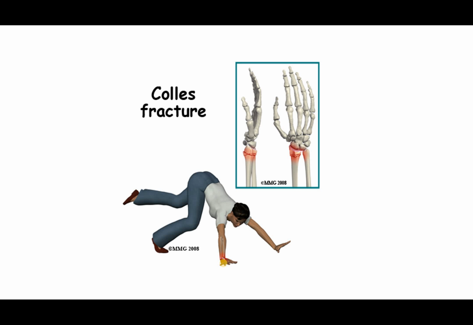So that type of break is called a Colles fracture, which in orthopedic radiology world, that one term, Colles fracture, means a bunch of different things. Okay, comminuted, transverse, simple fracture, all that stuff is all included in the Colles fracture.